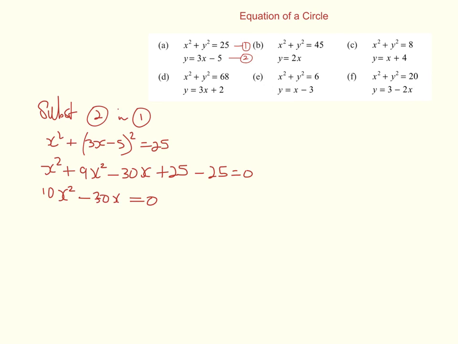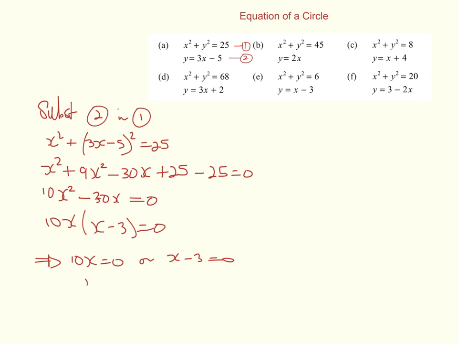bringing the 10x out. So 10x comes out, and you'd be left with x minus 3 in brackets there equals 0. Now if you've got two things multiplying and it's equal to 0, then it means that one of them has to be 0. So it's either 10x is equal to 0 or x minus 3 is equal to 0.